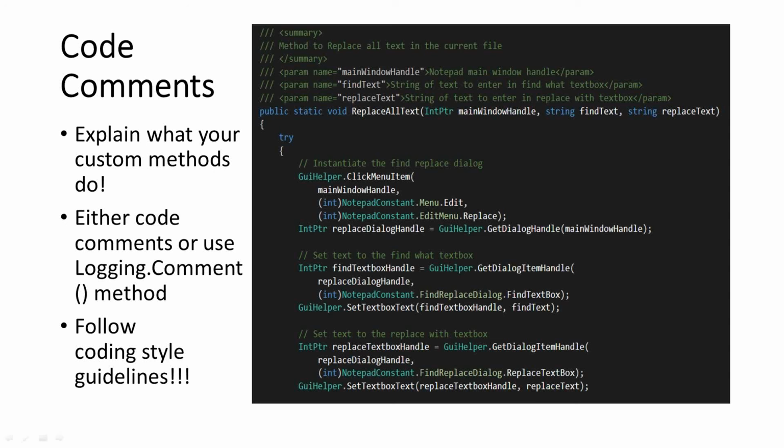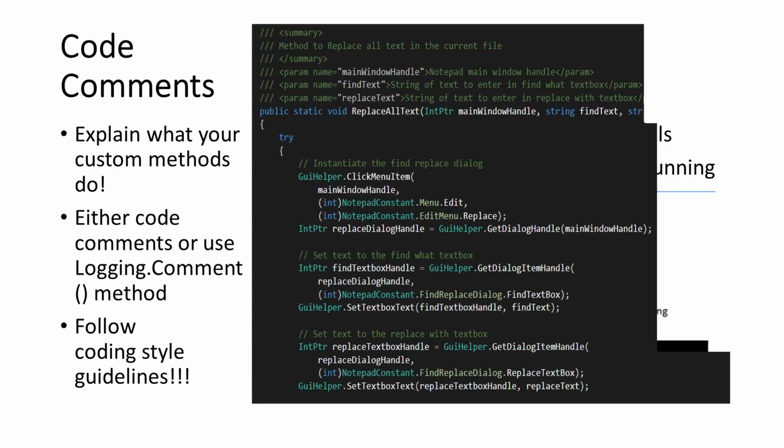So this helps long-term maintenance and helps us remember what's going on. Also, again, make sure that we follow coding guidelines. So for StyleCop, we have our summary at the top of the method and things like that.